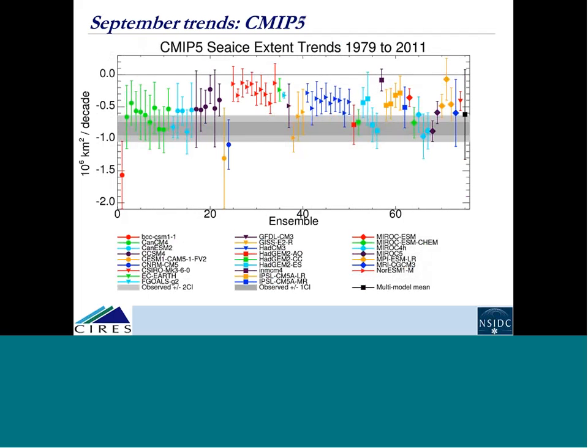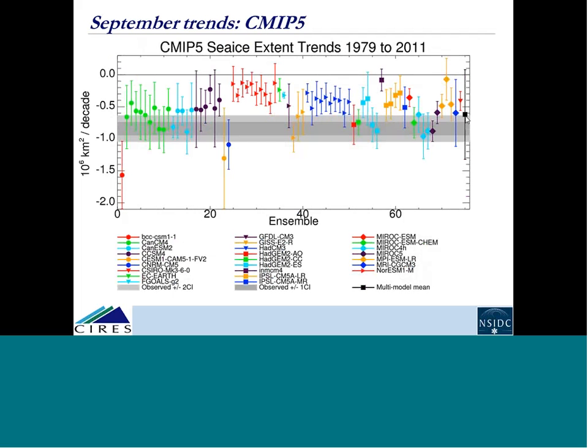If we shift to looking at CMIP5, I think we see a slightly better picture. It's not dramatically different. We're certainly seeing more ensembles shifting down towards the observed trend. We're still seeing some outliers, but when we look at it in terms of the multi-model mean here at the end, the mean trend has certainly shifted down towards the observed.